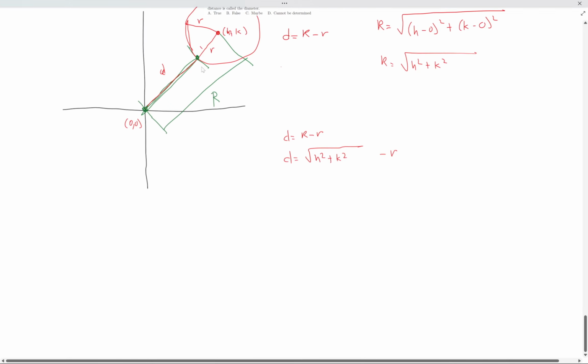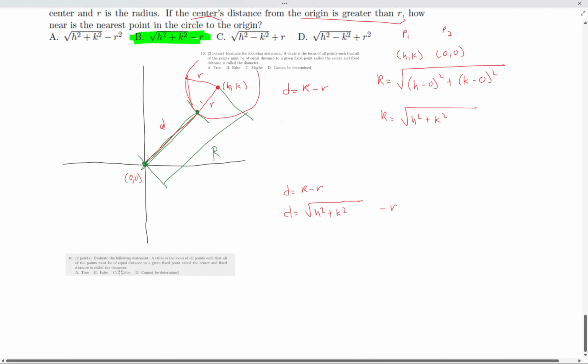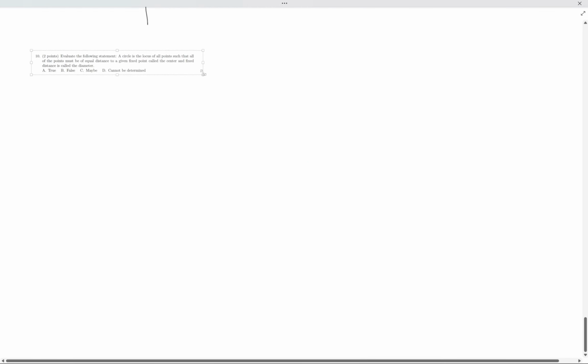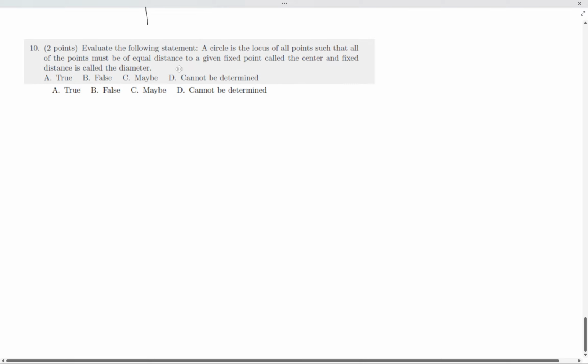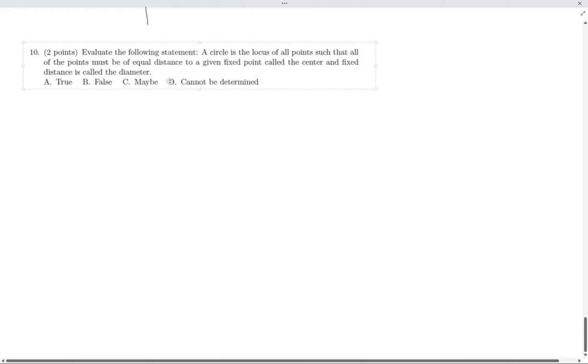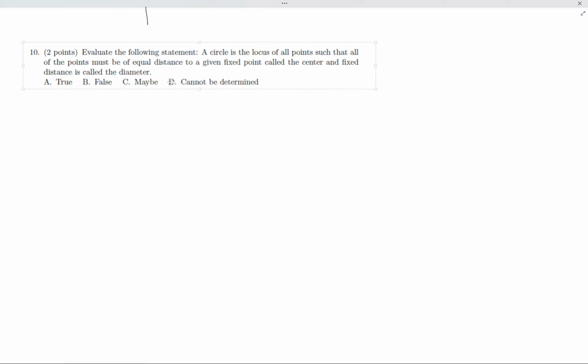Okay, so let's move on to question number 10, the last question for multiple choice. So we have here this one. Okay, for 2 points, evaluate the following statement. A circle is the locus of all points such that all of the distances must be equal to the distance to a given fixed point called the center and a fixed distance called the diameter.